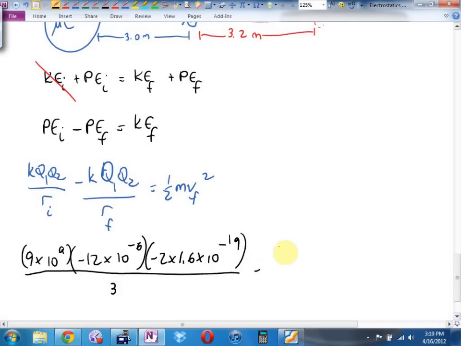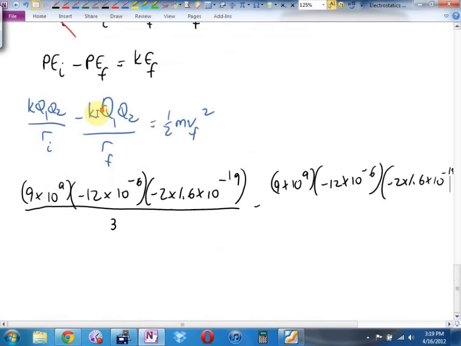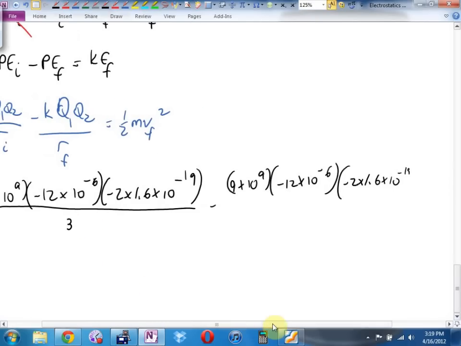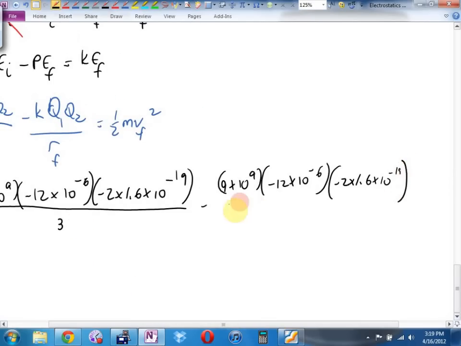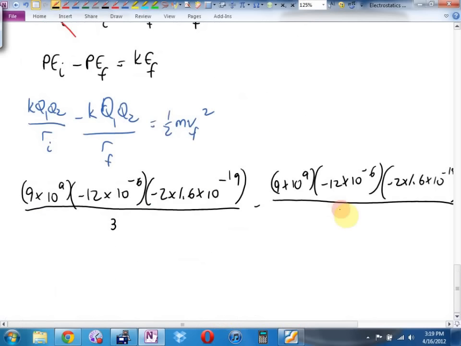Minus 9 times 10 to the 9th, negative 12 times 10 to the negative 6, negative 2 electrons, all over. Now my final distance is 6.2.